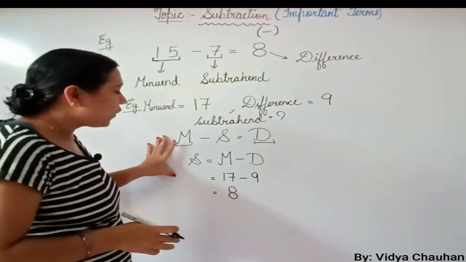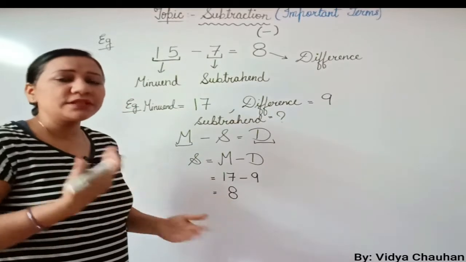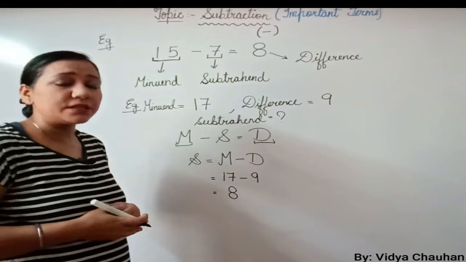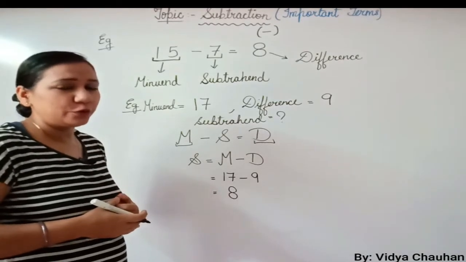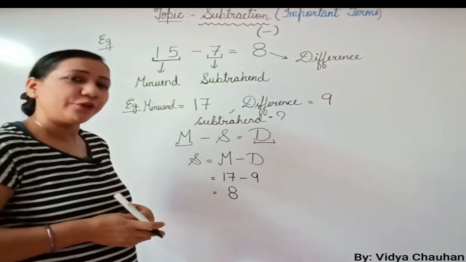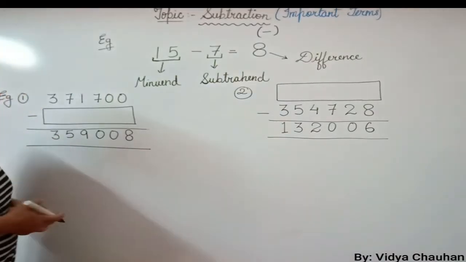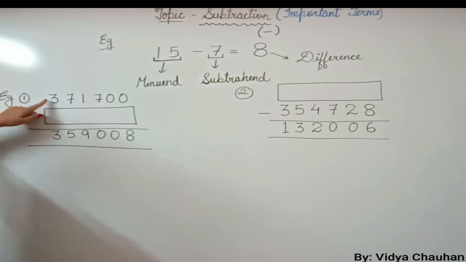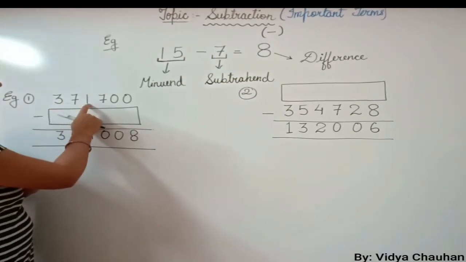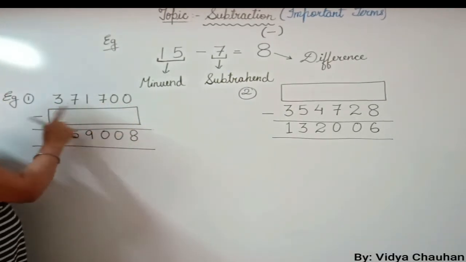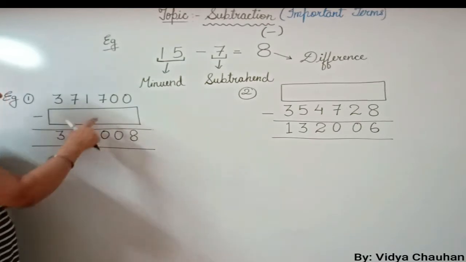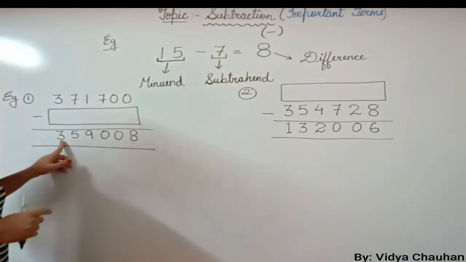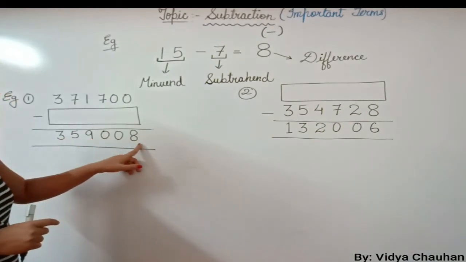This is an example with some small values. Now suppose you have some higher values, some large numbers. How are you going to do that? Let us take an example. In the first case, a number is given which is 3,71,700 minus a value which is not given to us, so we have to find this, and the final answer is 3,59,008.